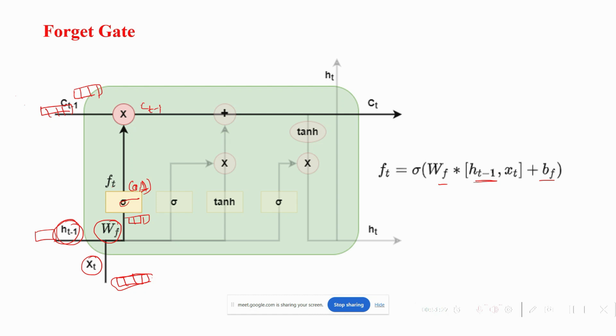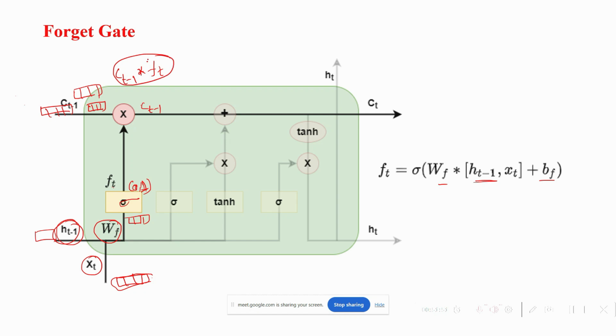Now, CT minus 1 is multiplied with FT. The FT value is either 0 or 1, or between 0 and 1.